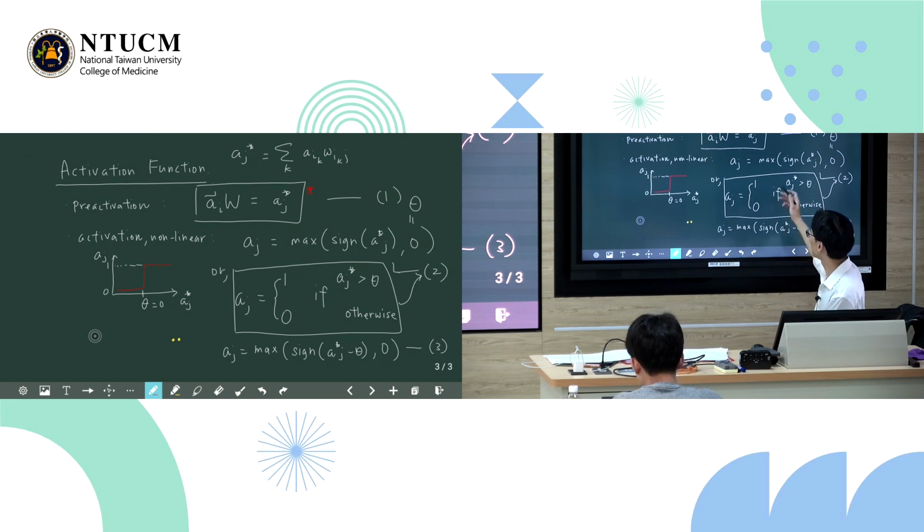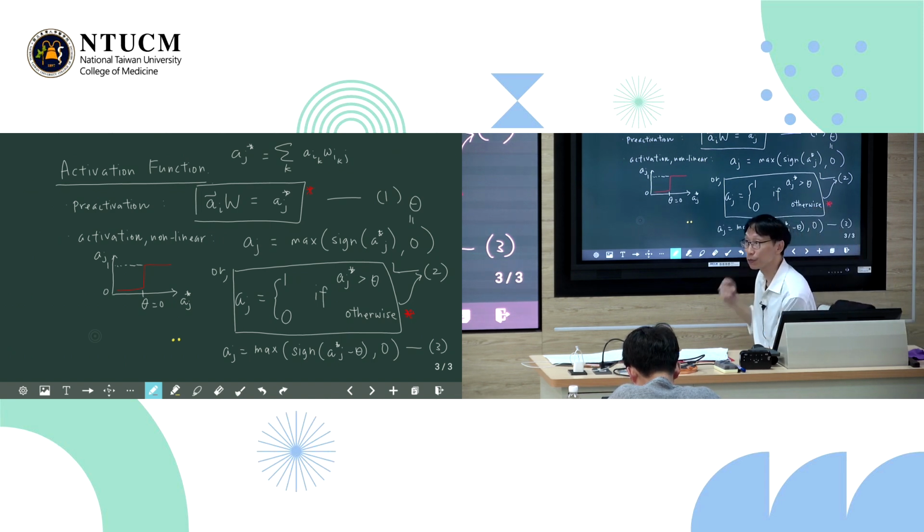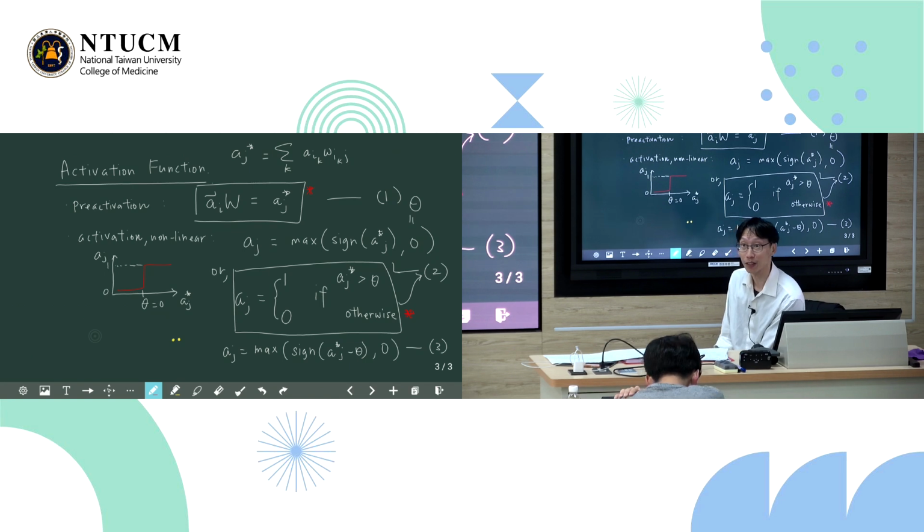Okay, but then we submit it to an activation function, which is a nonlinear function, which is this fella here. Okay? Someone tell me, what happens if we just use the pre-activation function? Why can't we just use the pre-activation function? Why do we need the activation function? Or what happens if we remove the activation function? Make a guess?